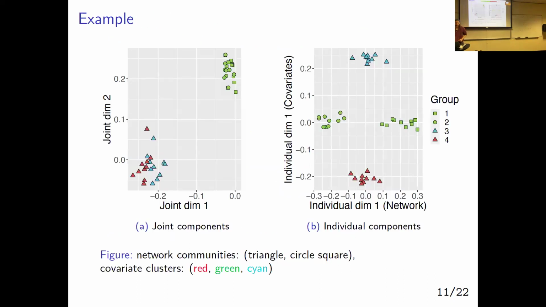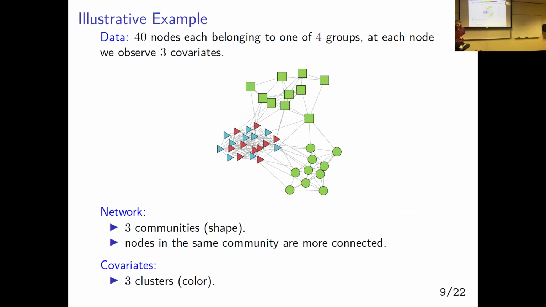All right, so when we apply this estimation method to that little toy example I showed you earlier, we had, roughly, connectivity establishing 3 groups by shape, and covariates establishing 3 groups by color. Notice that with connectivity alone, you cannot distinguish the blue and the red triangles, so the network data set cannot distinguish that.